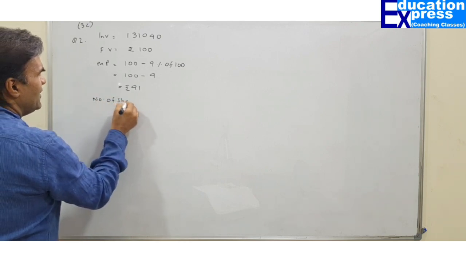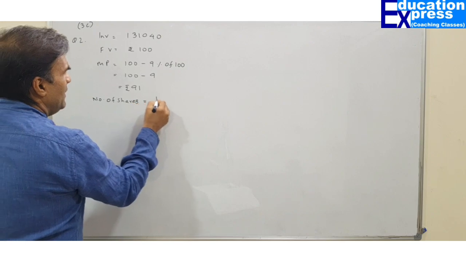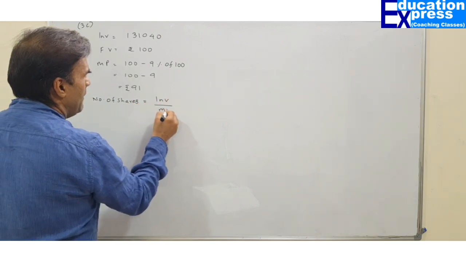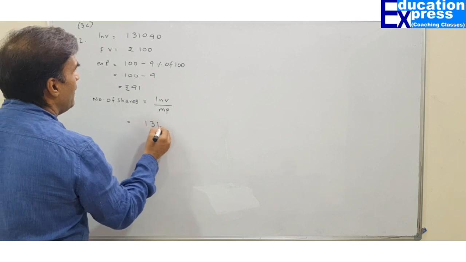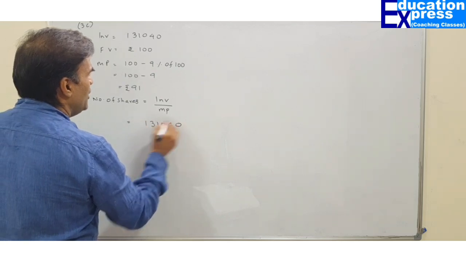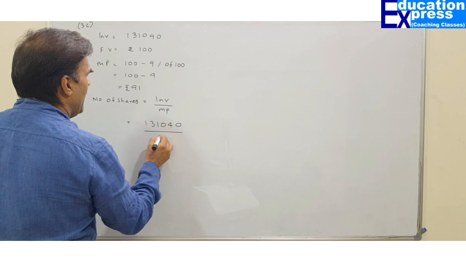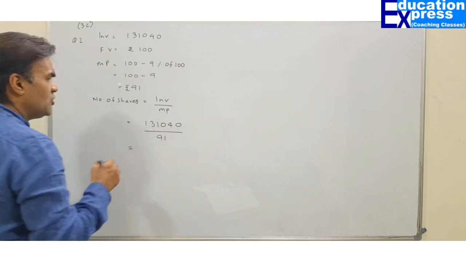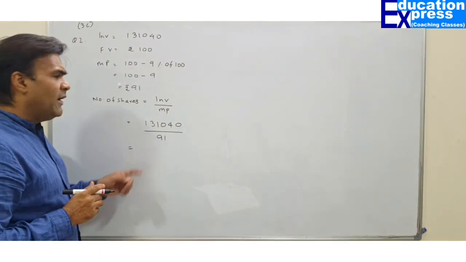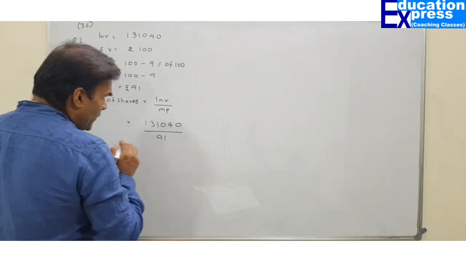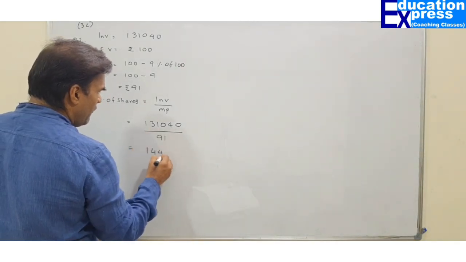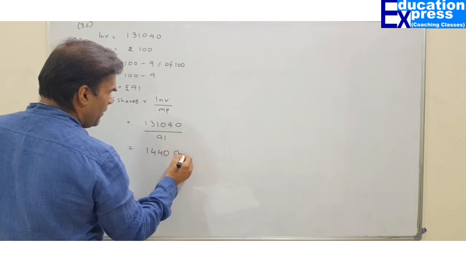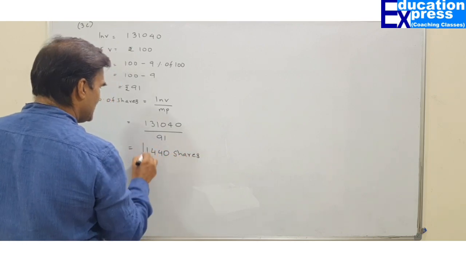Number of shares would be investment upon market price. 1,31,040 divided by 91. So we get 1,440 number of shares.